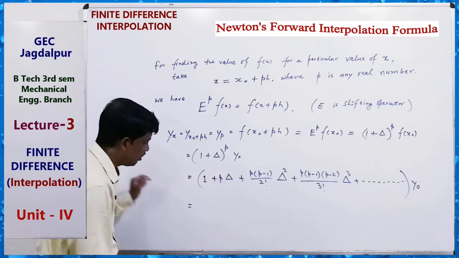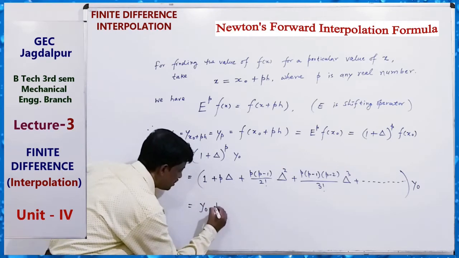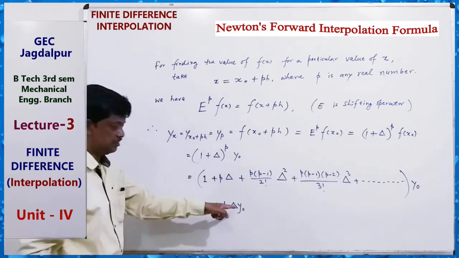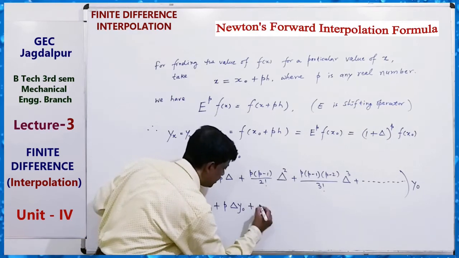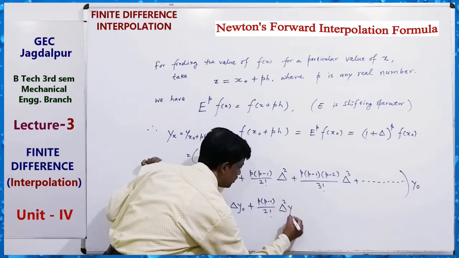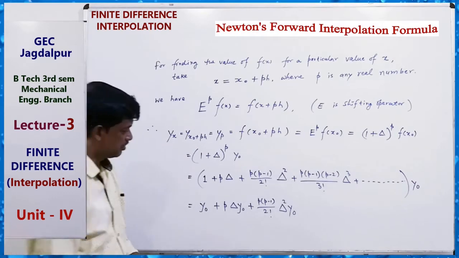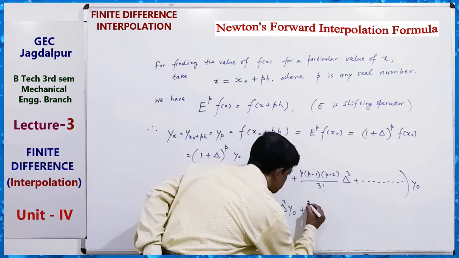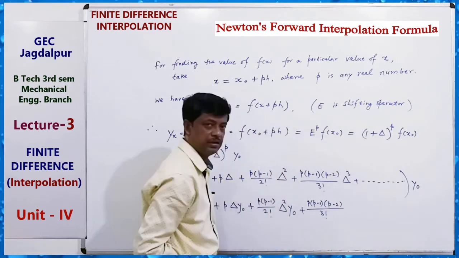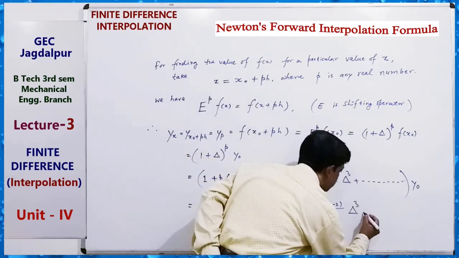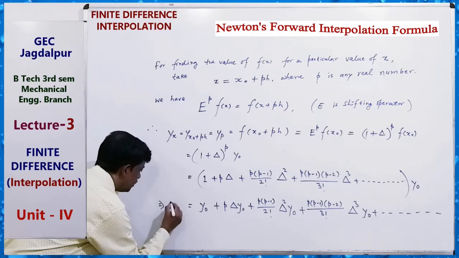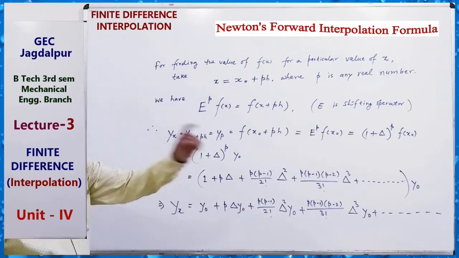Okay, on applying to y0, where p is a real number and delta is the operator, we get y0 plus p times the first difference, plus p(p minus 1) upon 2 factorial times the second difference at y0, plus p(p minus 1)(p minus 2) upon 3 factorial times the third difference of y0. So y is equal to this.